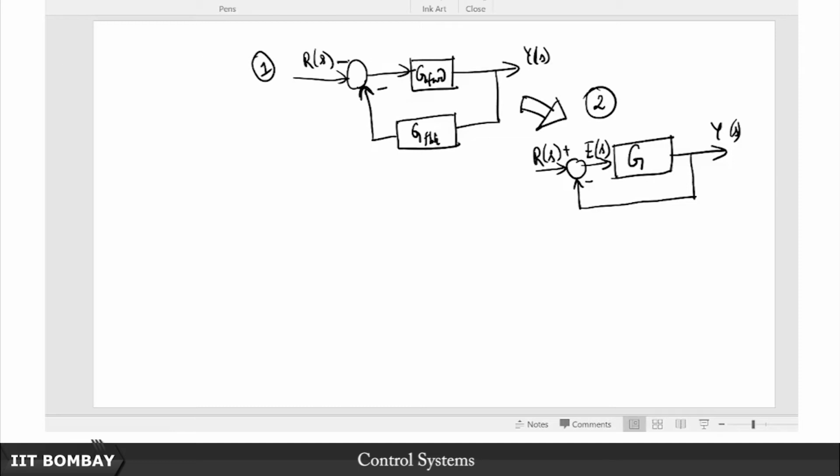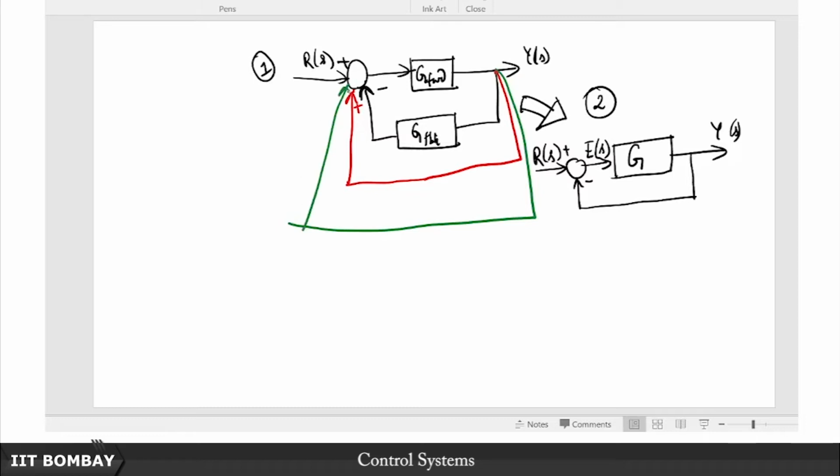One way is, of course, you add and subtract 1. How so? From this pick off point you take a unity gain like so, and you add it here as a +1, and then take another from the same pick off point and take a difference. Now look at this, what happens if I focus on this part inside the blue box?